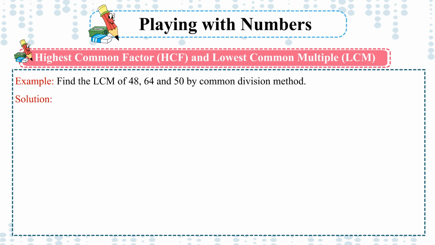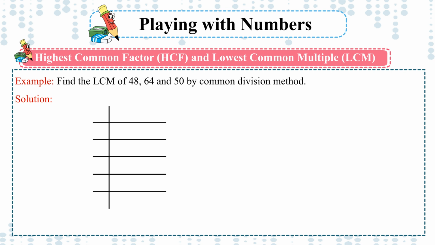Solution: LCM by common division method of 48, 64, 50. The smallest prime number is 2. 2 multiplied by 24 is 48, then 2 multiplied by 32 is 64, and 2 multiplied by 25 is 50. Next is 24, 32, 25.